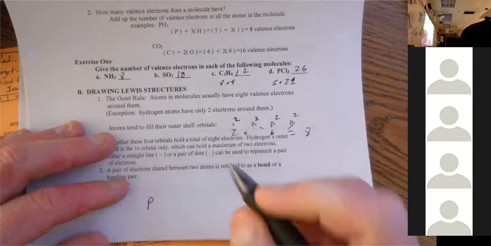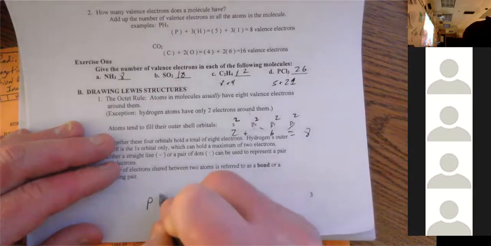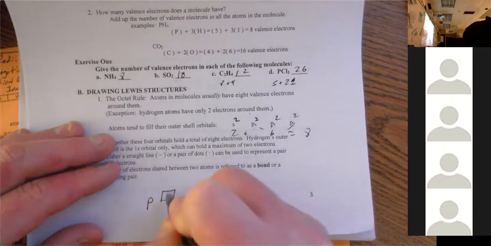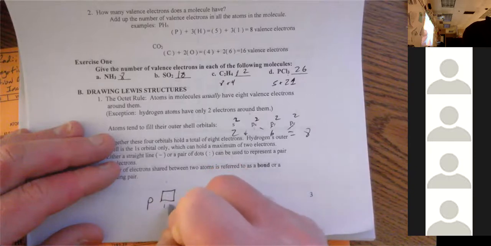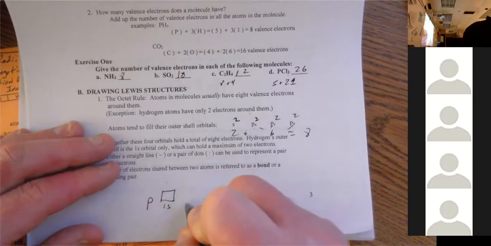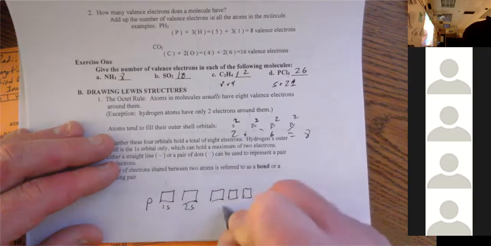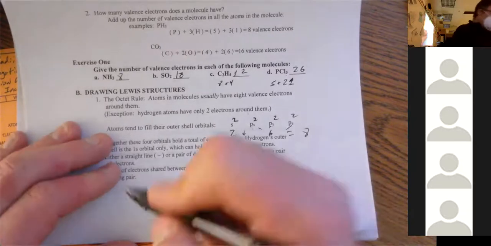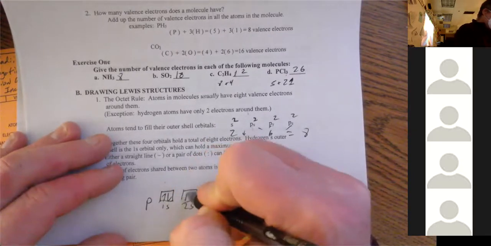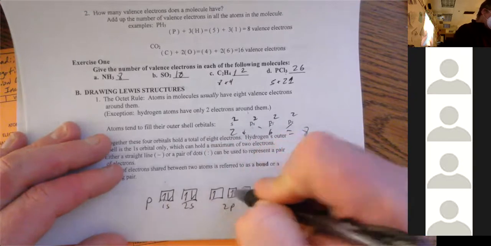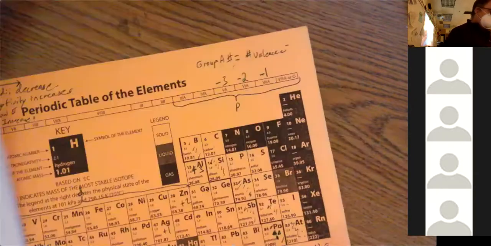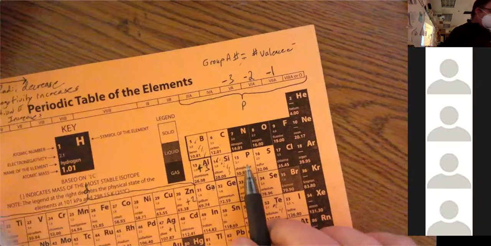Here we have P. P has 1s. P has 2s. And P has 2p: 1, 2, 3, 4, 5, 6. Oh, I'm sorry, P has also this.